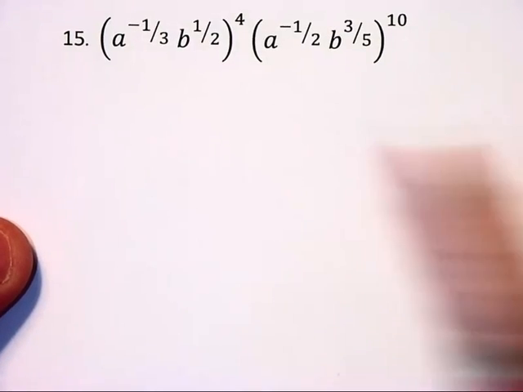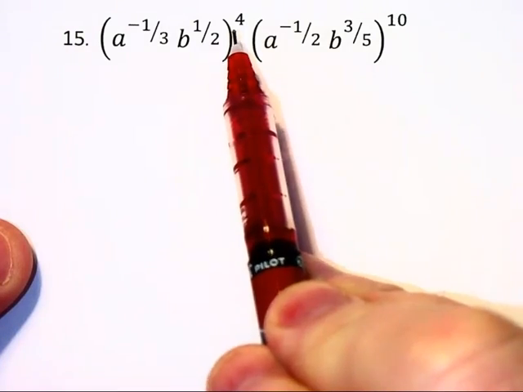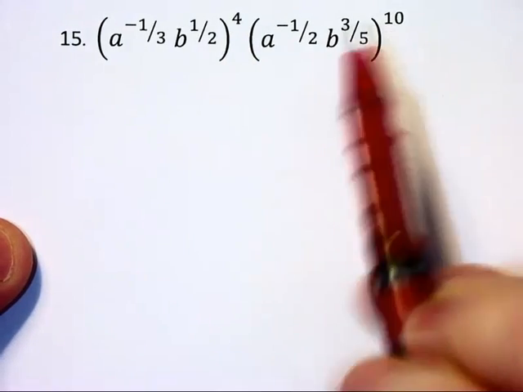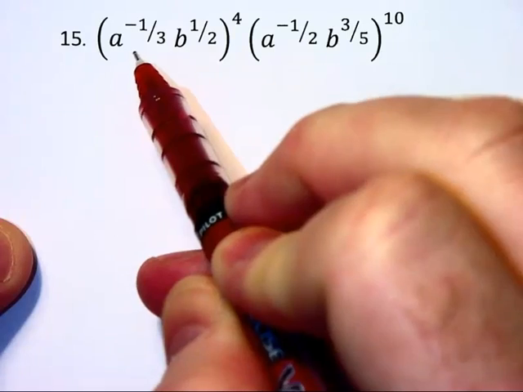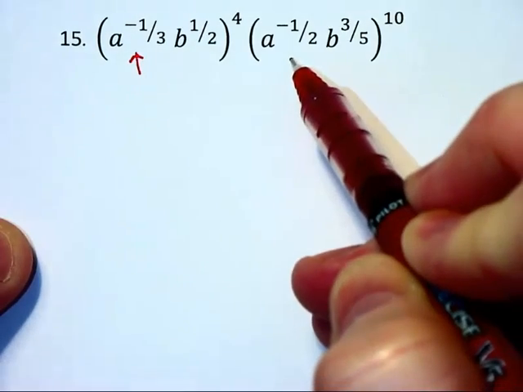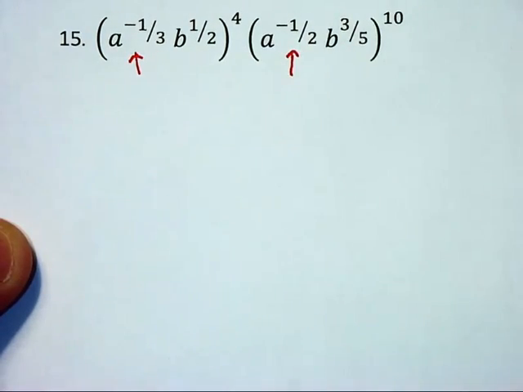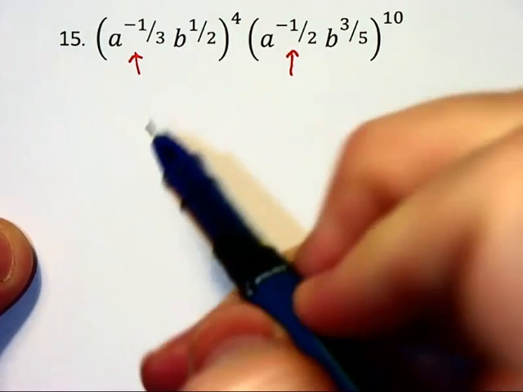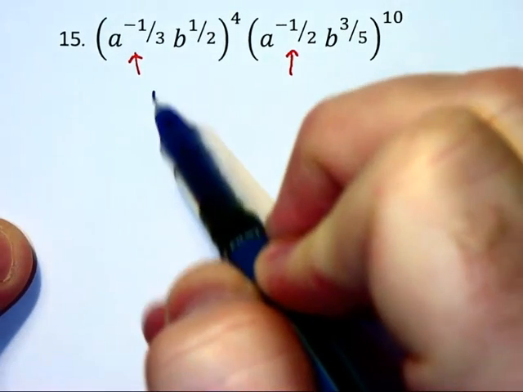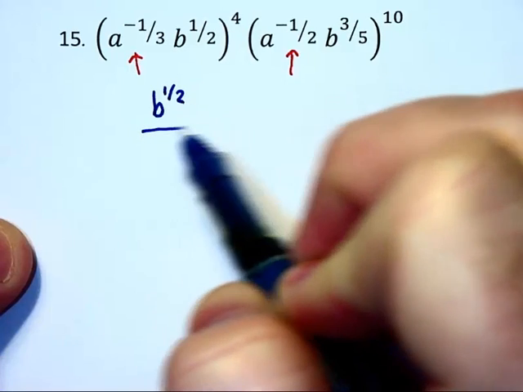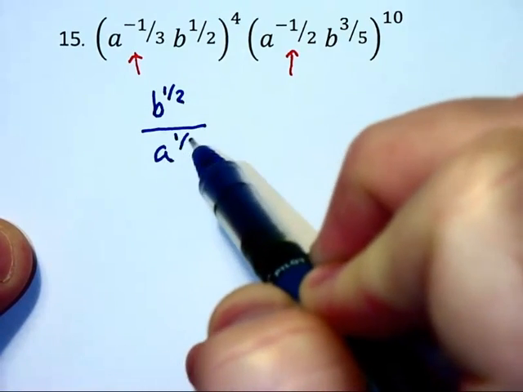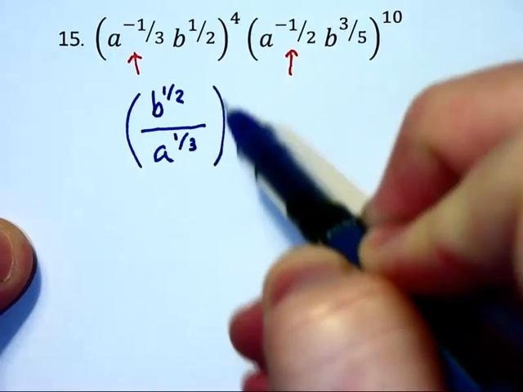For this final problem, since I don't have a negative exponent outside these parentheses, I'm going to apply the property of negative exponents inside the parentheses to move these a's down to the denominator. So this first parentheses becomes b to the 1/2 over a to the 1/3, all to the 4th power.